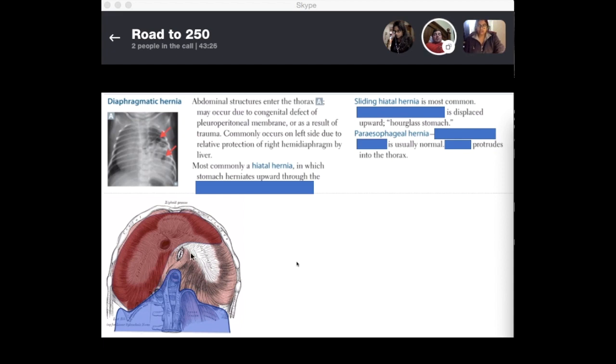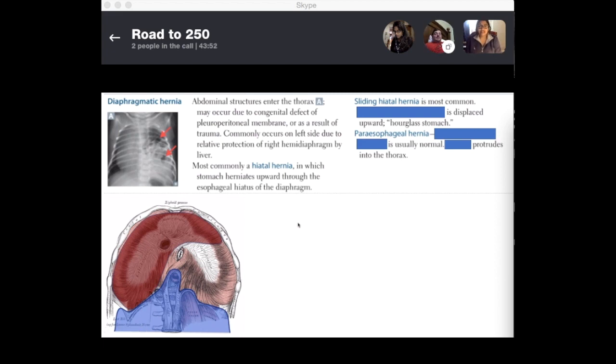It's actually going to be the esophageal hiatus of the diaphragm. So this little circle guy here underneath. Actually, no, this one. Yeah, that one.